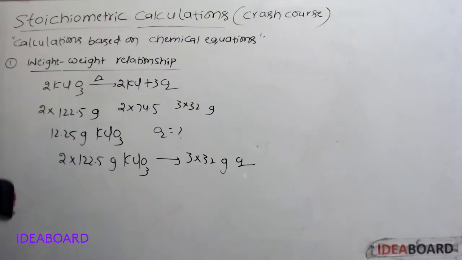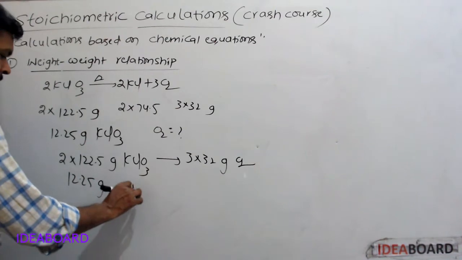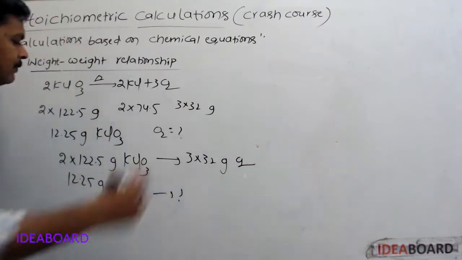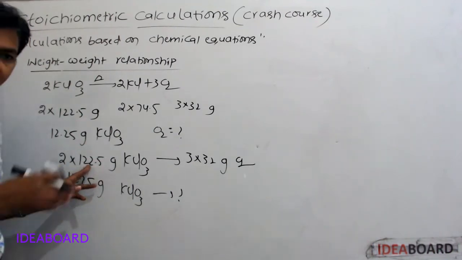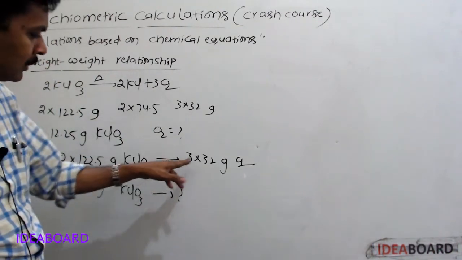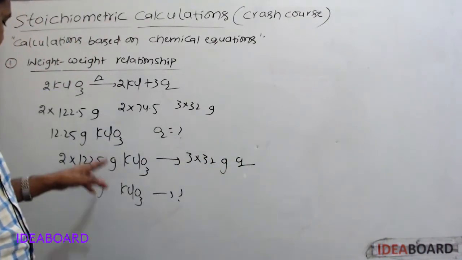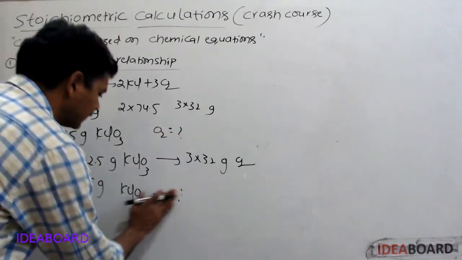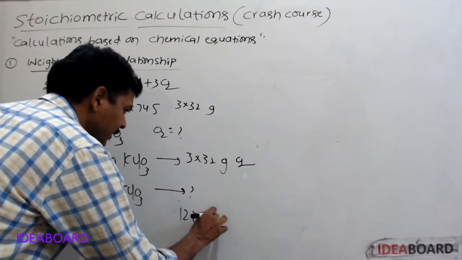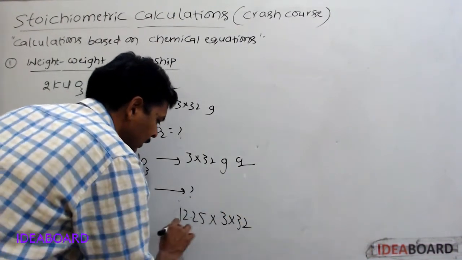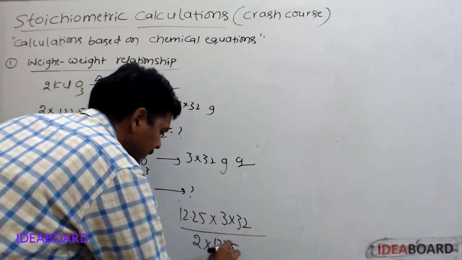Now we should calculate 12.25 grams potassium chlorate on heating gives how much of oxygen? 12.25 into 3 into 32 divided by 2 into 122.5.